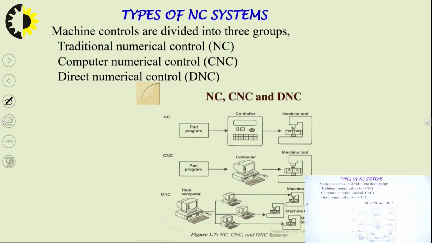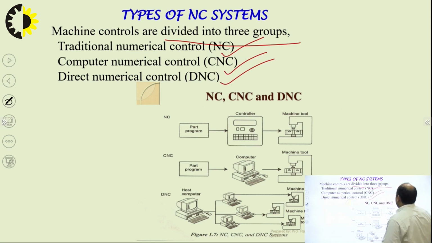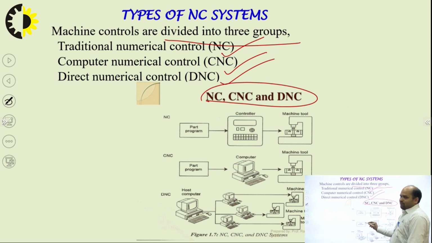Talking about the types of NC systems, machine controls are divided into three groups: traditional numerical control, CNC machine, and direct numerical control systems. In NC systems, we give the part program with the help of alphanumeric codes and punch tape.